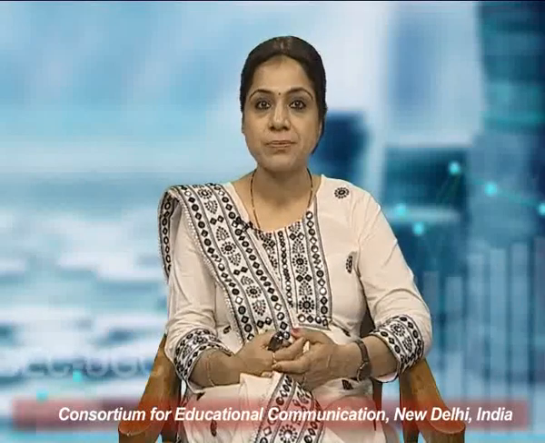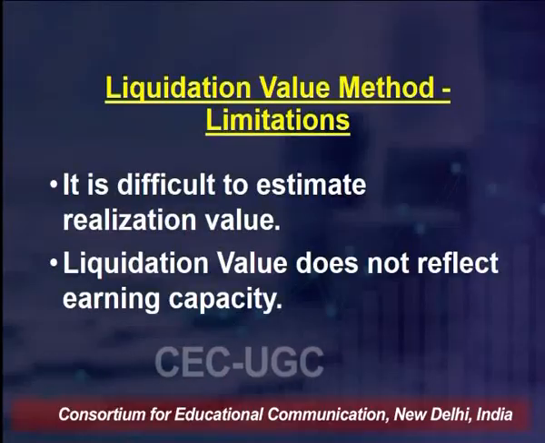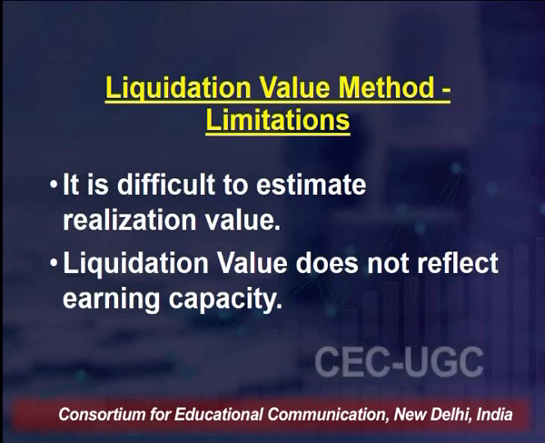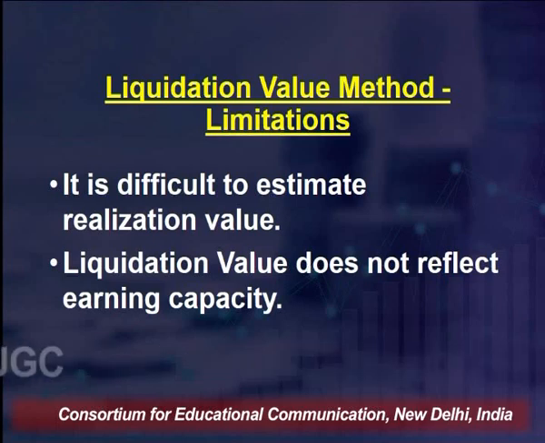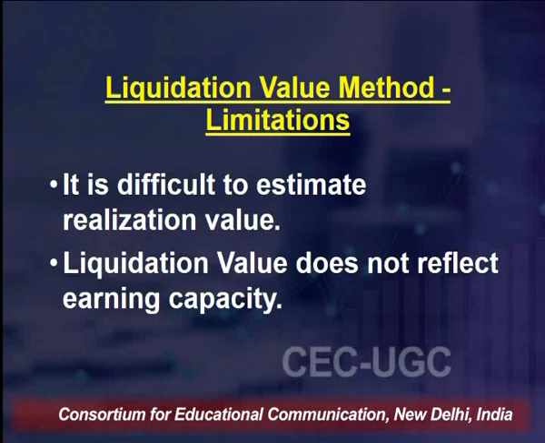So it is really difficult to calculate how much we are going to get by liquidating all the assets of the firm, and if we just rely on the book value of those assets, that is not a practical assumption. So here again, when we are trying to calculate the liquidation value, this method is, number one, really difficult to apply because of the calculation of realization value.